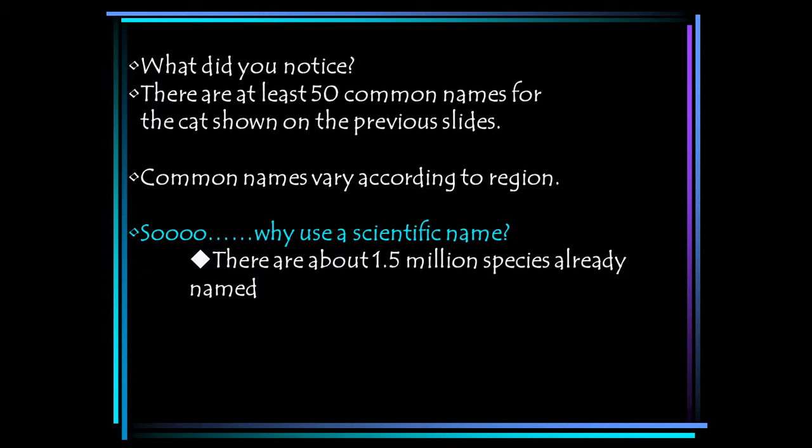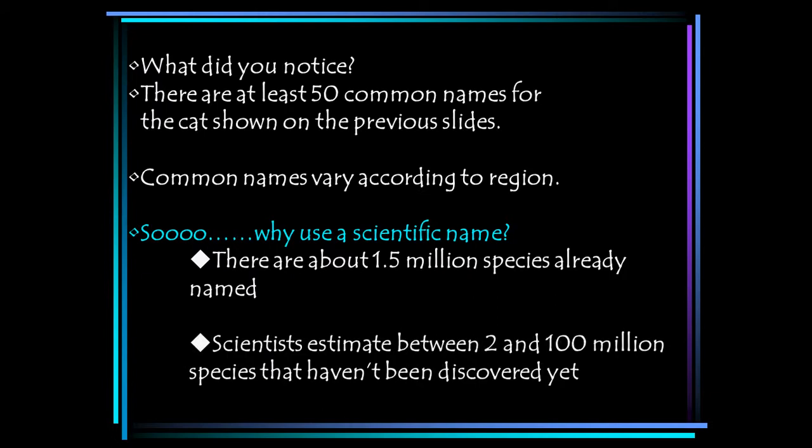From going from one locality to another, the same organism could have different names. Scientists estimate between 2 and 100 million species that haven't even been discovered yet. So in order to clarify exactly what the organism is, no matter where it's found, we come up with this scientific name.